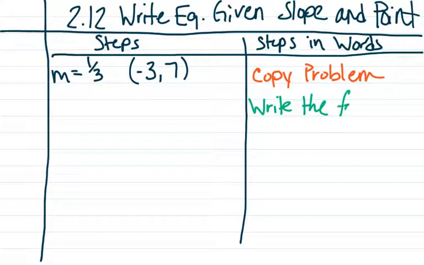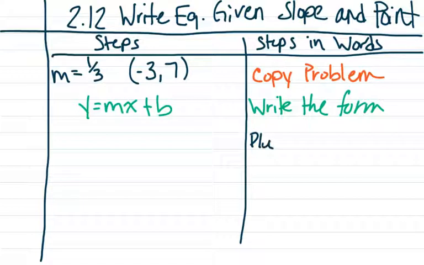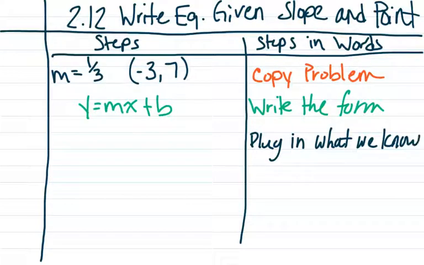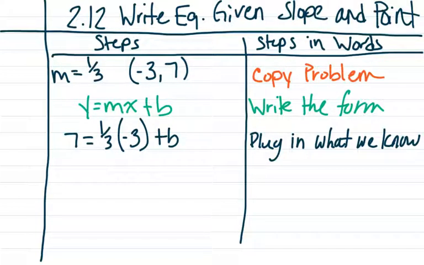You're going to do some of these steps so many times that it's going to become second nature, and you're going to end up skipping them, which is okay. But we always want to make sure we remind ourselves of what the form is. We're going to plug in what we know. And in this case, our y is 7, our m is 1/3, and our x is -3 plus b.